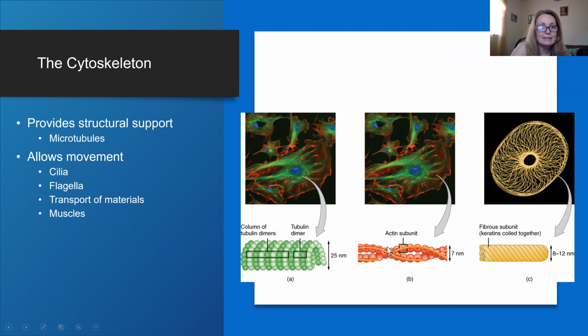And other organelles, such as cilia and flagella, allow for movement. Either the whole cell is moving, for example, the sperm cell is moving because of the flagellum, and cilia, in the human body, we do not have cells that move by cilia, but we do have cilia that move substances across a cell membrane.